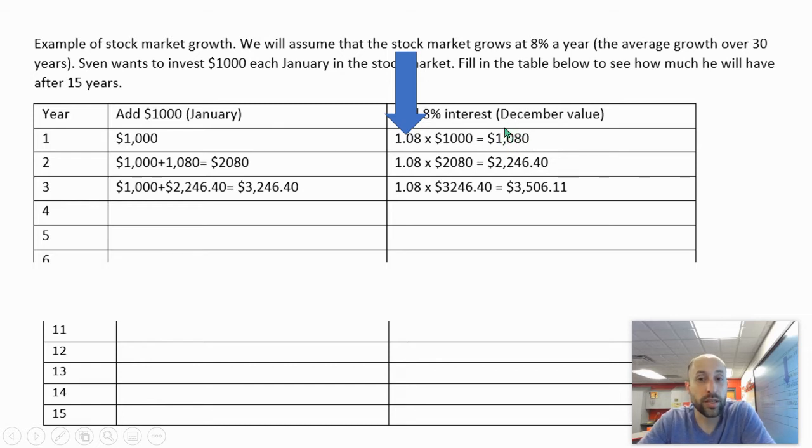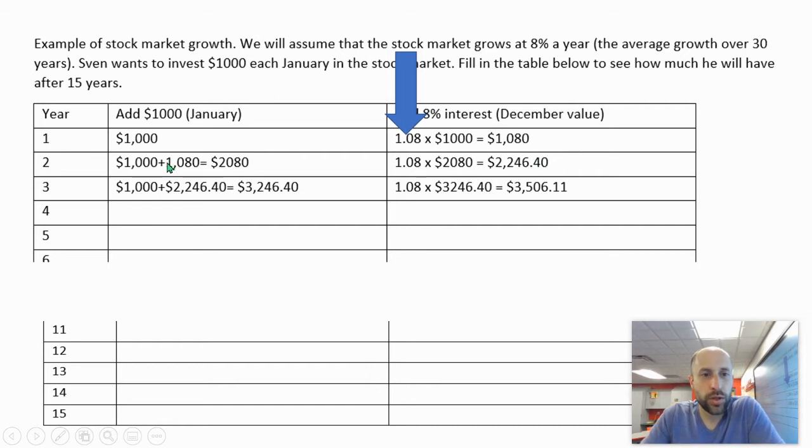So this calculation includes that interest. If you just took 1,000 times 0.08, that would just be the interest, right? So if you take 1.08 times 1,000, that gives you the previous amount plus the interest added in. So our new total of the account is $1,080.